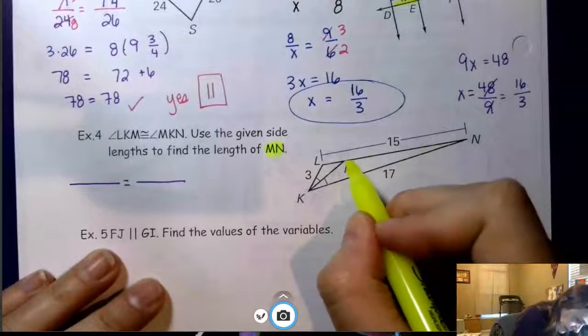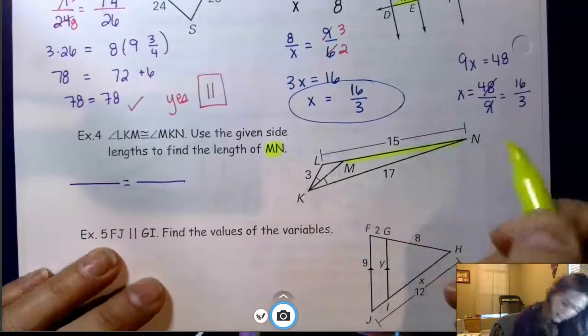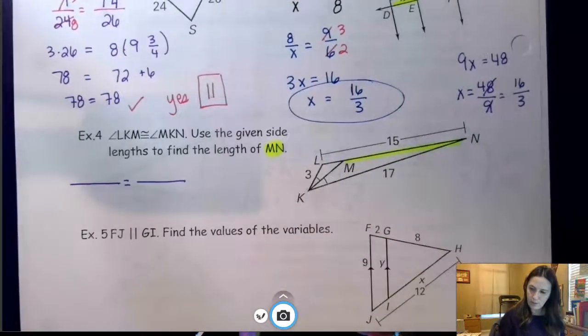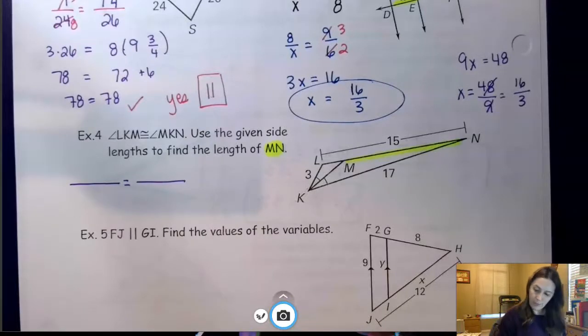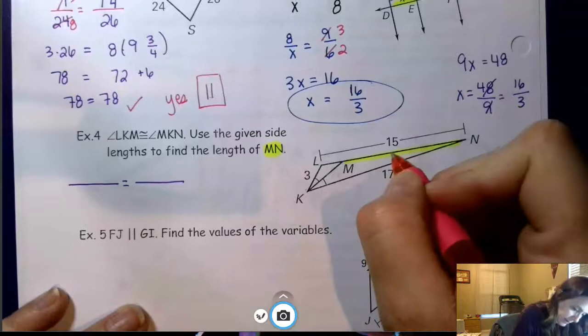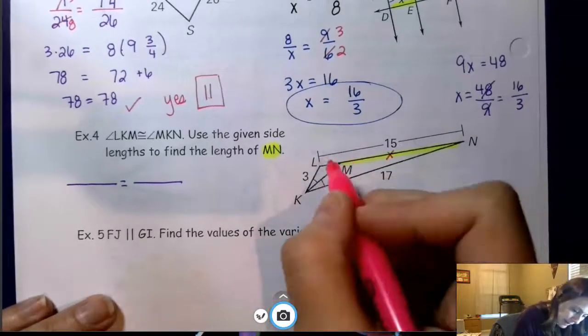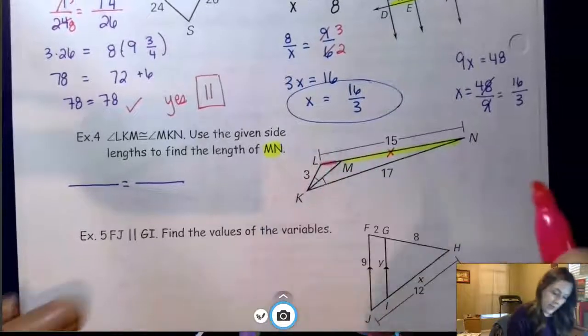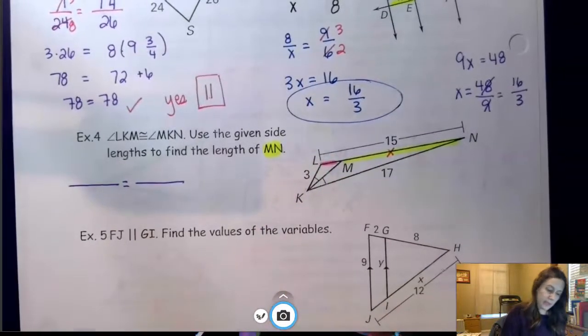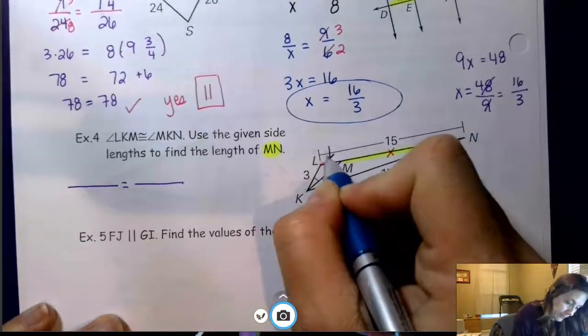MN is this length right here. MN is usually what I'm looking for, that's what I'm going to call X. I also need to know this length though. I need to name this piece right here.